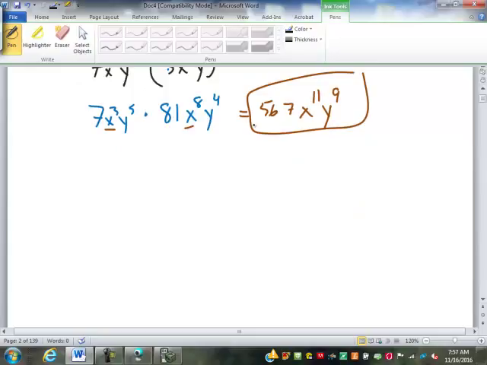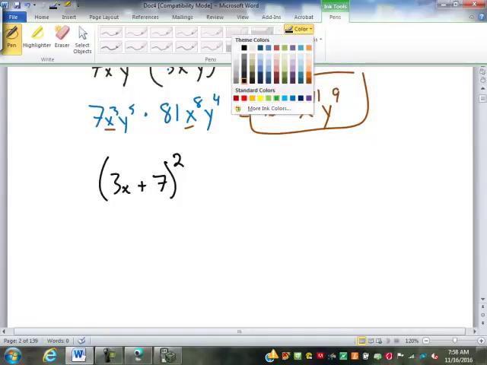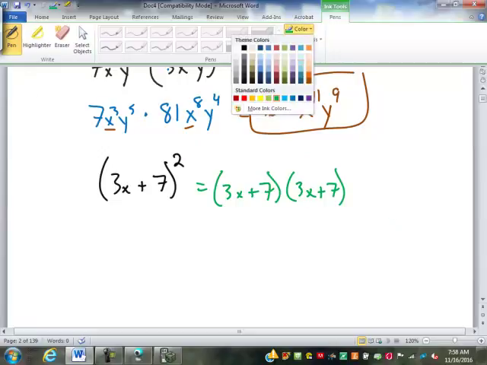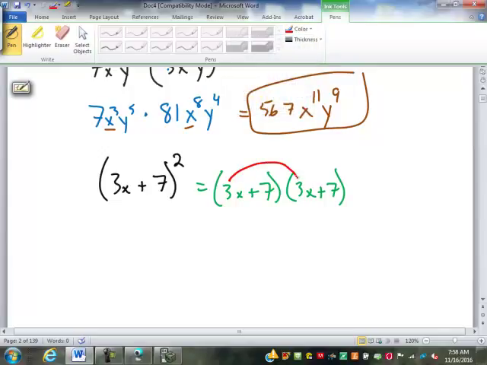What if we have 3x plus 7 squared? Well, it means 3x plus 7 times 3x plus 7. I will catch at least one of you writing out 9x squared plus 49. It's not the right answer. We have to do the first: 3x times 3x is 9x squared.